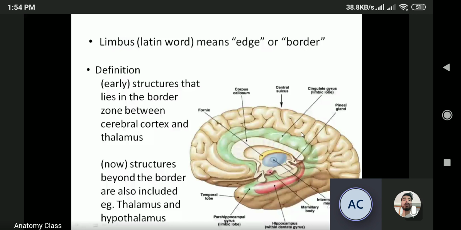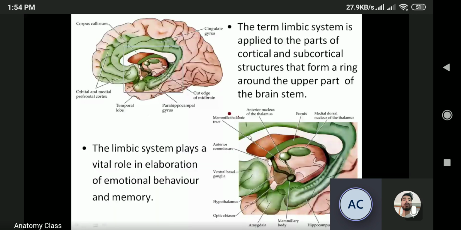Anatomically, we can define the term limbic system as part of the cortical and subcortical structures of the cerebral hemisphere that forms a ring around the medial aspect of the cerebral hemisphere above the brainstem, and it plays a vital role in elaboration of emotions and behavior.